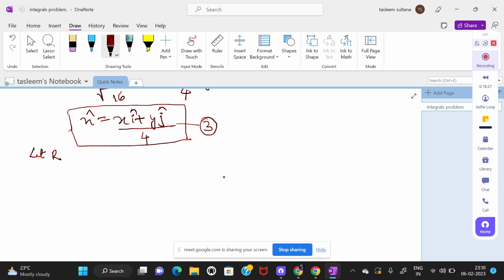Let R be the projection of S on the yz plane.